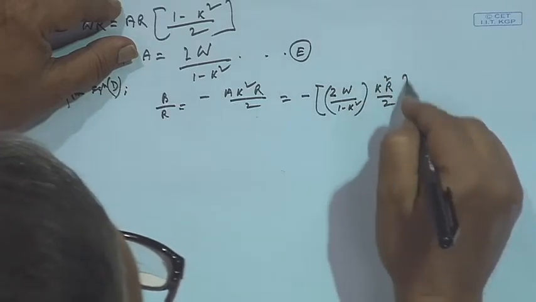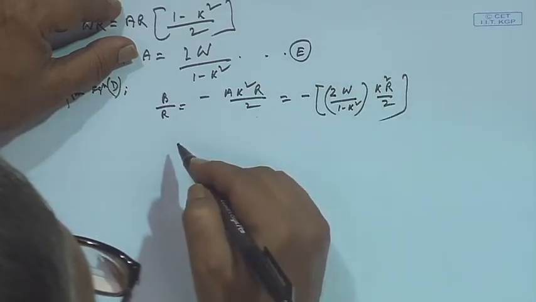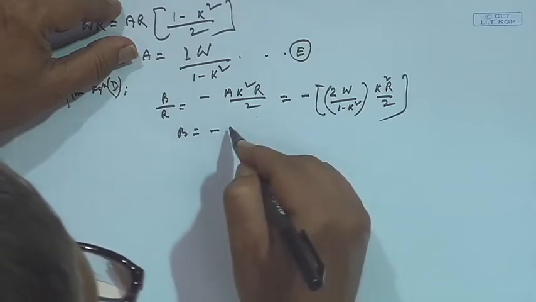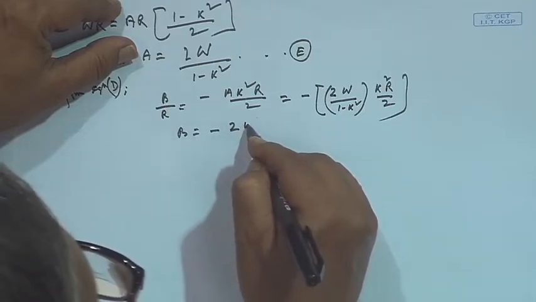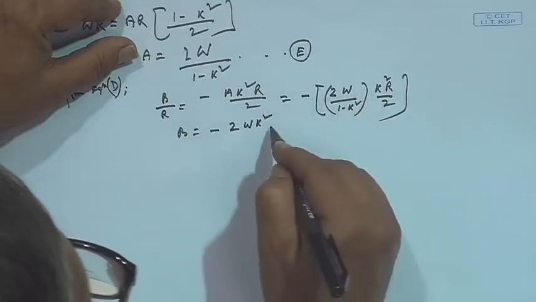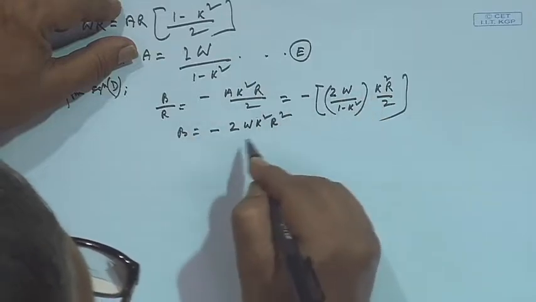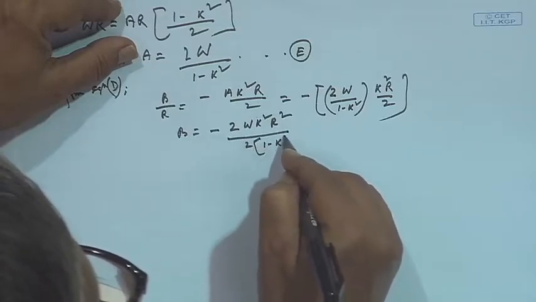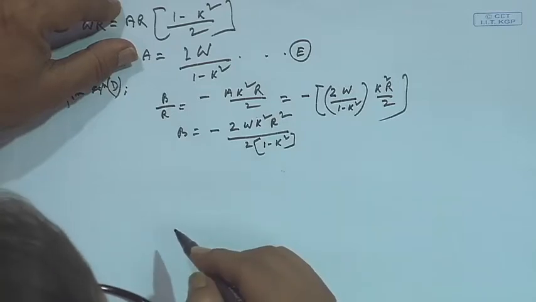So, b becomes equal to minus 2 omega k square R into R, that is R square by 2 into 1 minus k square.